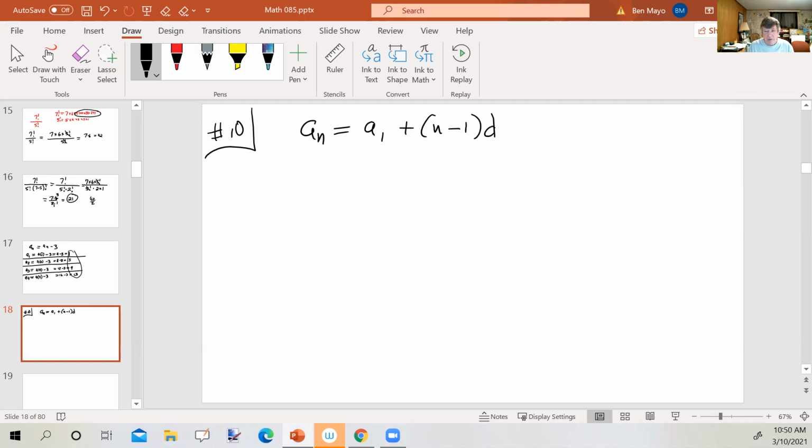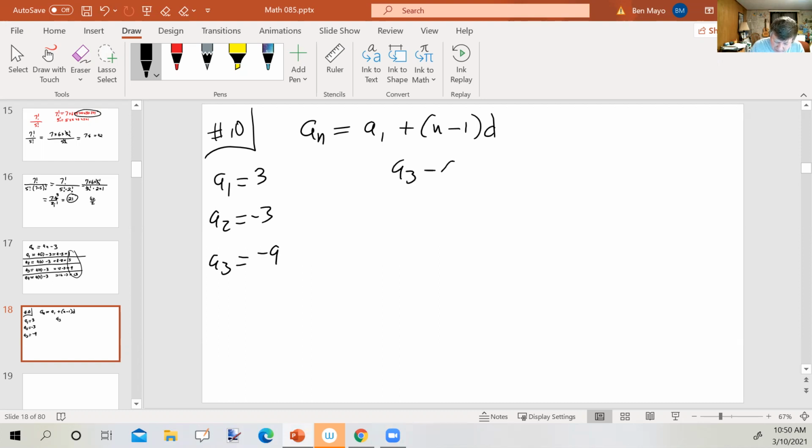Okay, so let's see here. We're told that the first 3 terms are 3, -3, and -9. So to find the common difference, again, we take any term in the sequence minus the previous term. Let's do this a couple of times.